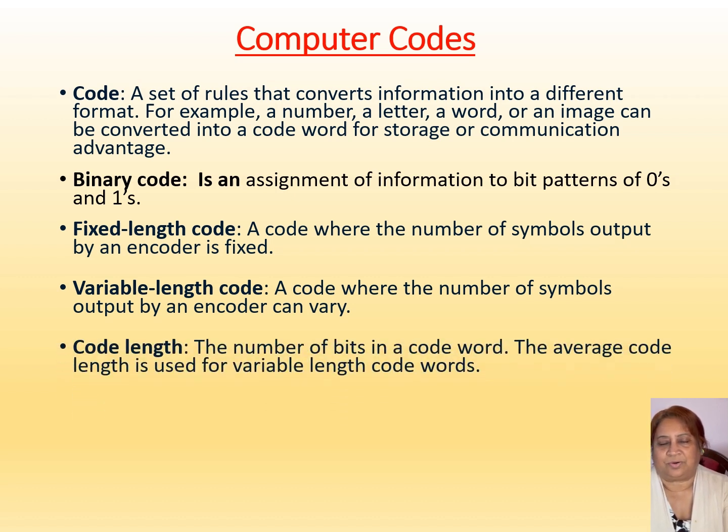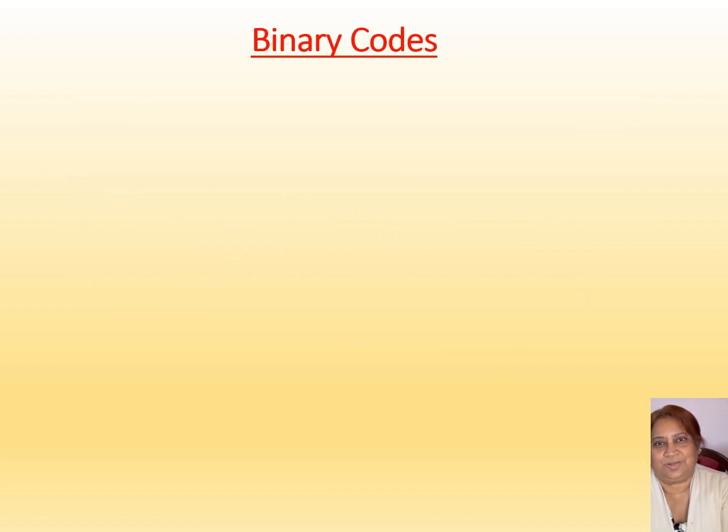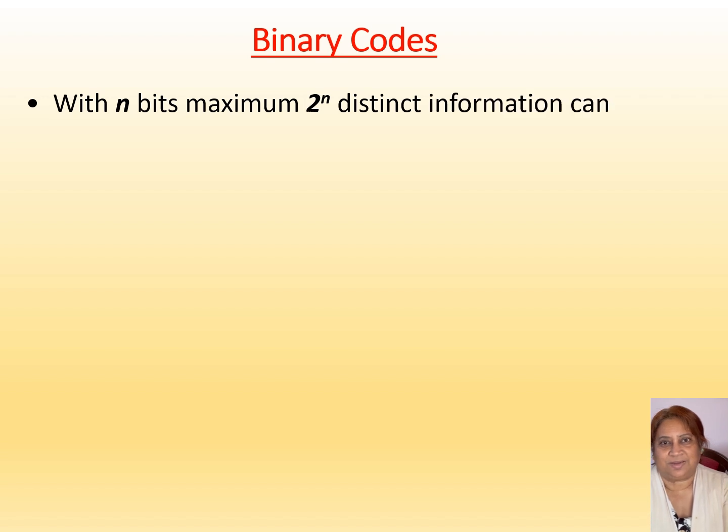And the code length is the number of bits that is used in a code word. If it is a fixed length code, the code length for all the codes are same. And if it is a variable length code, then we take the average code length. So in a binary code, the code word is a string of zeros and ones. And if we use n bits, we can represent at most 2 to the power n distinct information with it.